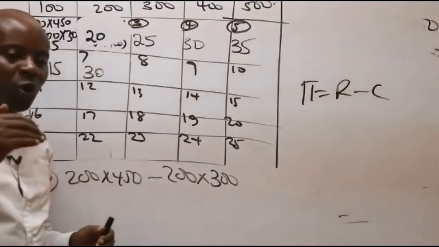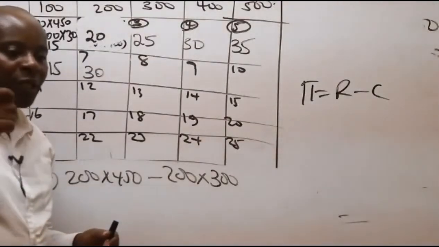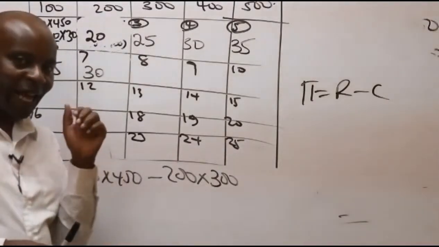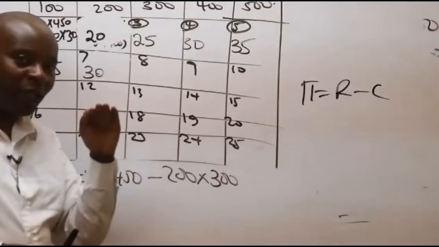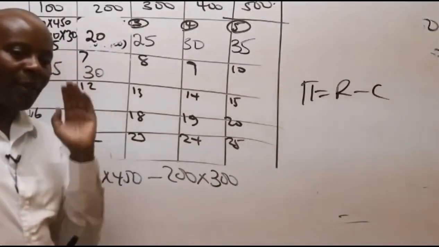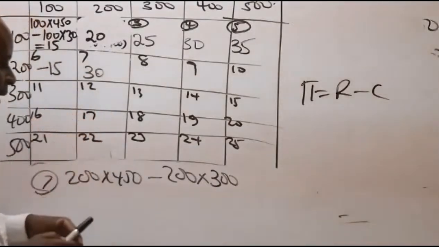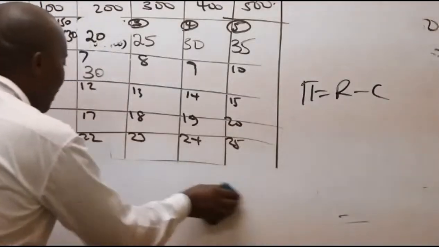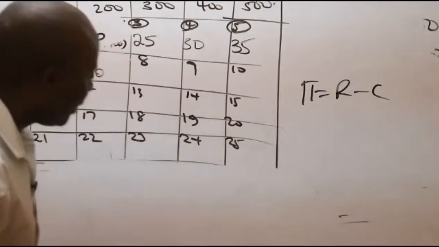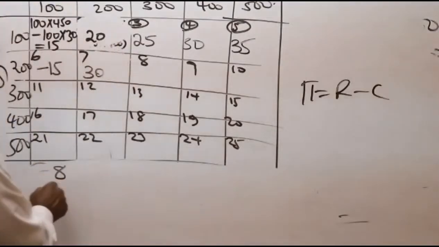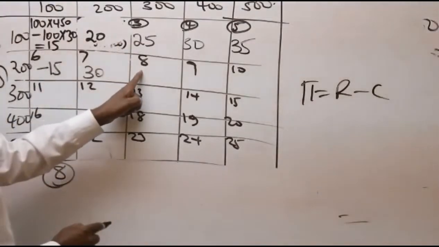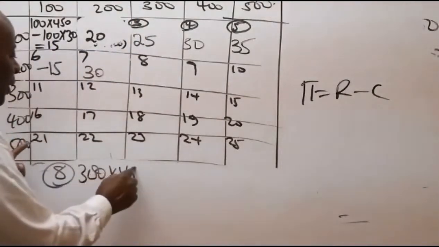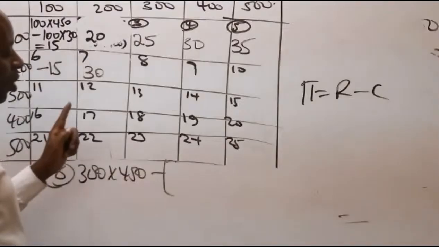So we have to go, ladies and gentlemen, back in this case to our production and produce some fresh order to cover the excess demand. So for cell number 8, I'll sell the higher. So 300 times 450 minus our cost of production.